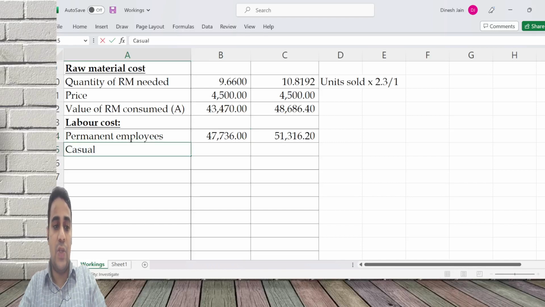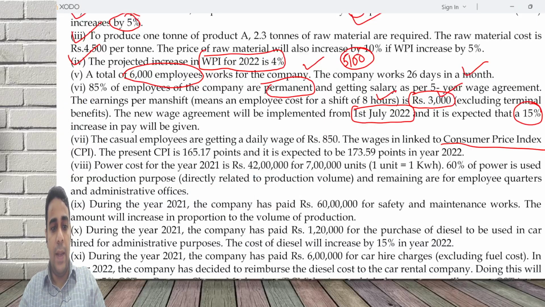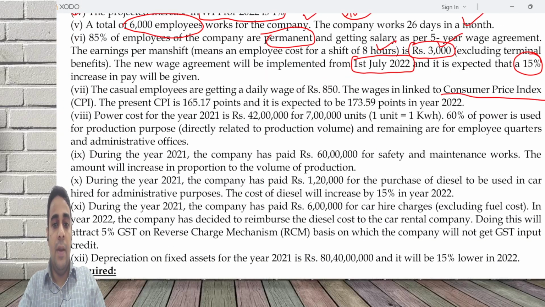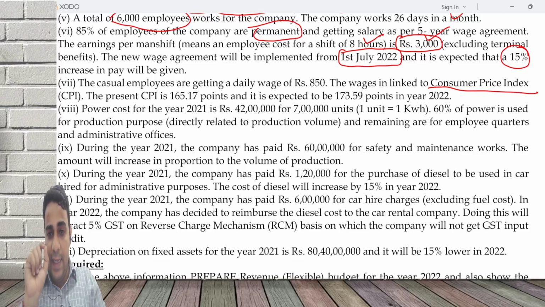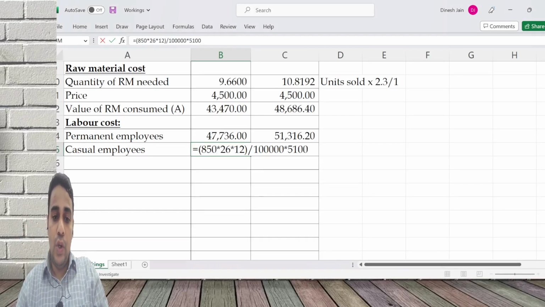I have casual employees. Similar calculation. For the casual employees, we are paying a daily wage of 850 rupees. So 850 into 26 days into 12 months divided by 1 lakh.